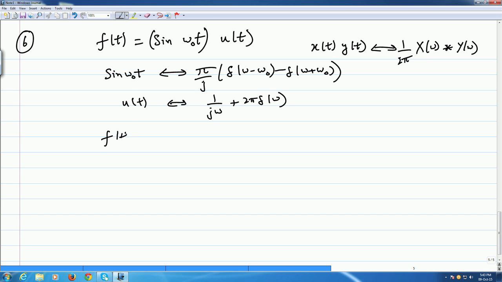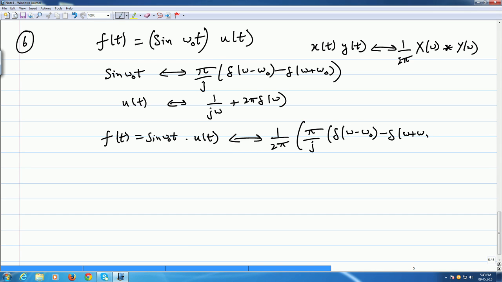So, f of t, which is equal to sin omega naught t times u of t, transforms to 1 by 2 pi the convolution of pi by j delta of omega minus omega naught minus delta of omega plus omega naught convolved with 1 by j omega plus pi delta of omega. Okay. So, this is the form of the answer.